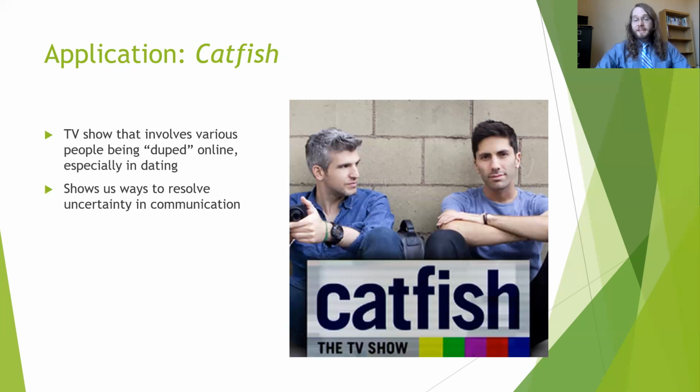The TV show Catfish, as I mentioned before, is a show in which people might be duped online, especially in dating. They start chatting, they think that they're meeting a young person that has a lot in common, turns out to be a totally different human being, maybe an entirely different gender, age, and so on. But it shows us how the physical encounter of meeting and getting to know somebody is a way to resolve uncertainty in communication.